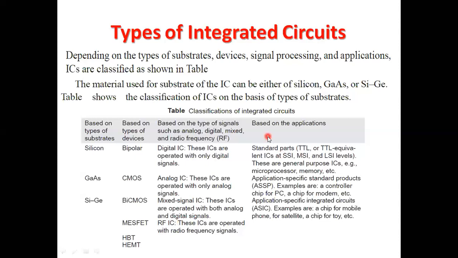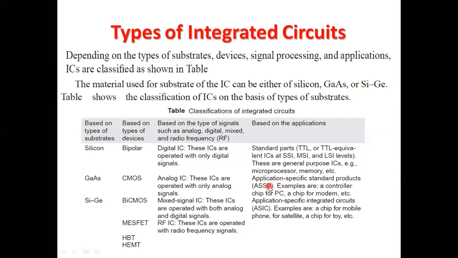Now, based on the applications, standard part TTL or TTL equivalent ICs at SSI, MSI, and LSI levels. These are general purpose ICs, for example microprocessor, memory, etc. Next is application specific standard products, that is the ASSP.